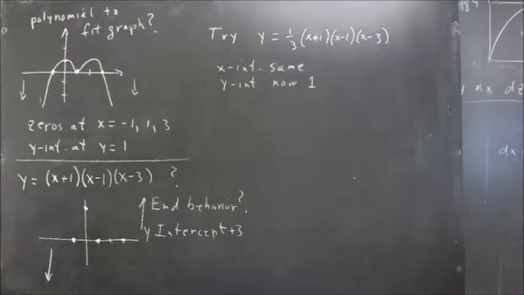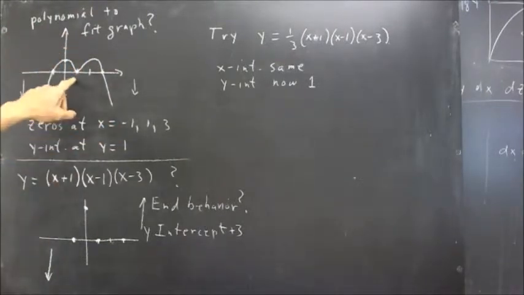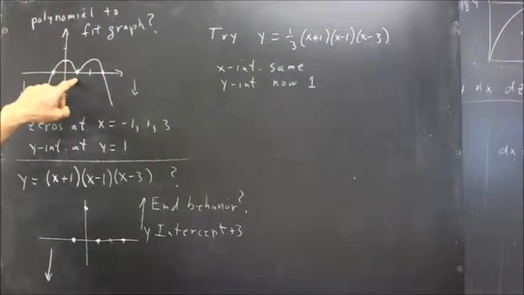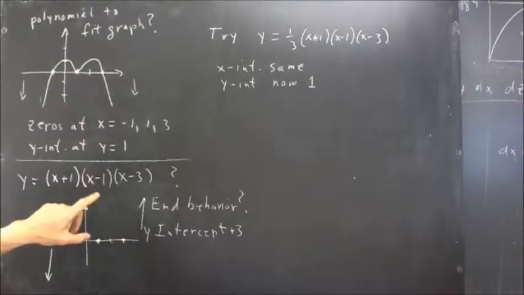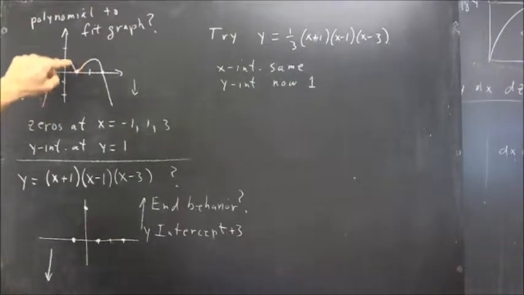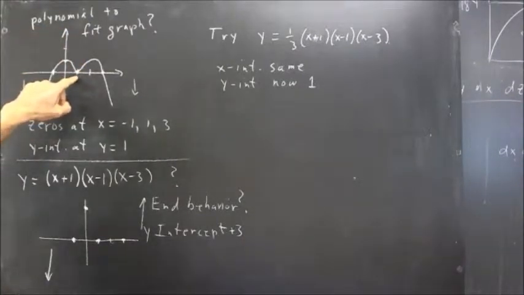Well, a hint comes from the fact that this function goes through this 0, it goes through this 0, but it just touches this 0. The only way that can happen, well, I won't say the only way, the most likely way for that to happen is for the factor that gives you this 0, which is the x minus 1, it gives us a 0 at x equals 1, where the function kind of acts like a parabola with a vertex on the axis.